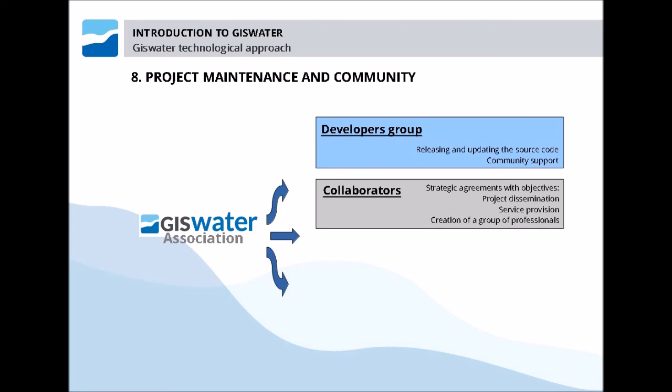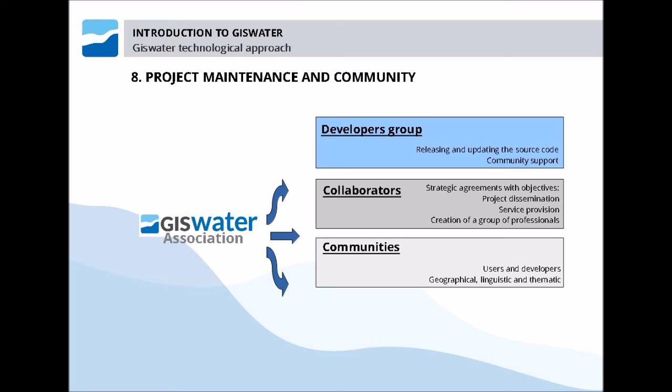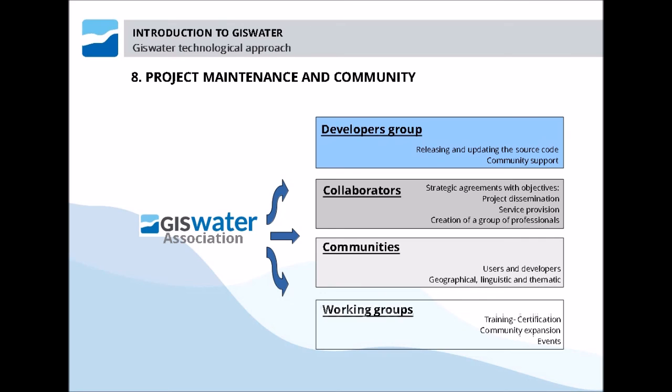Note that there is more and more participation and collaboration agreements have been signed with different entities. Also, there are different communities such as thematic, linguistic, or geographic, where they involve with different work groups. Finally, I invite people to create work groups and to create tools so that everybody can find a place in this project.